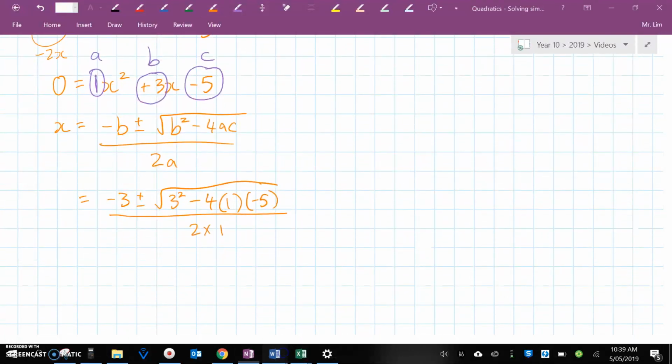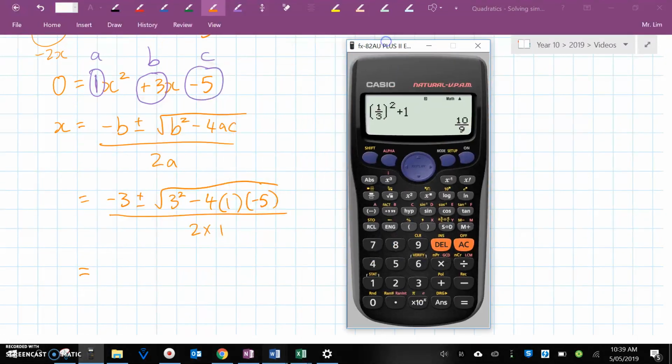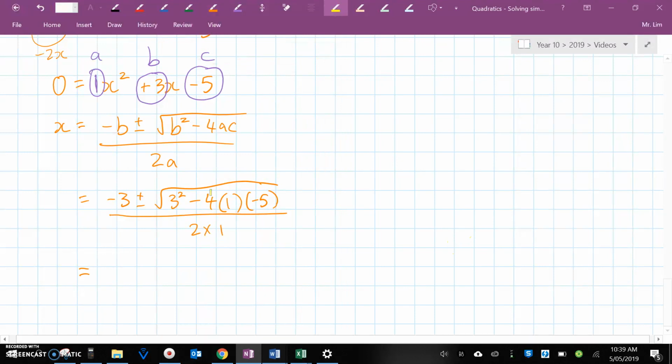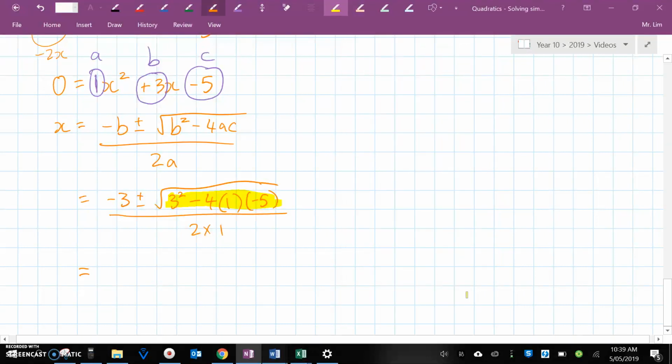Let's see what that equals. I'm just going to put the determinant into the calculator. The determinant is the bit that's underneath the square root sign. 3 squared minus 4 times 1 times minus 5 is 29. Minus 3 plus or minus the square root of 29 all over 2.